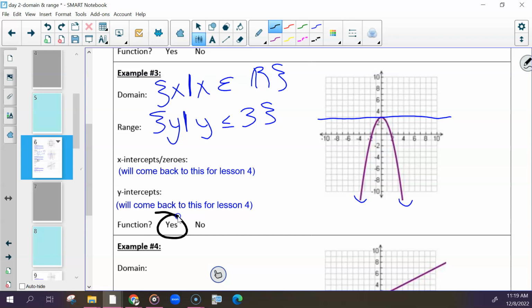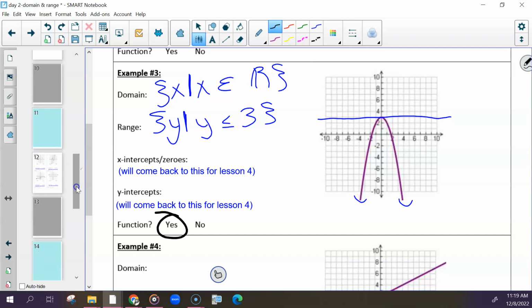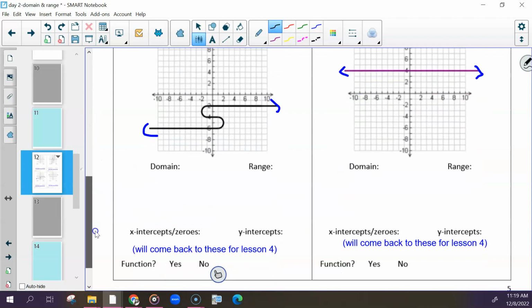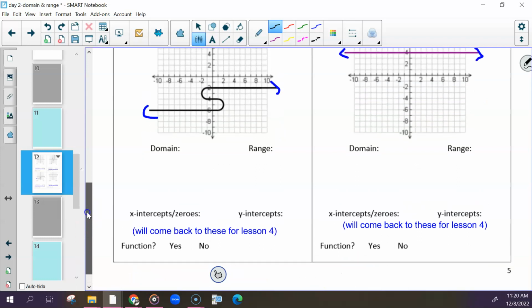Okay. The next one that looks like this. It might be in the packet. The pages are numbered at the bottom, so page 5, wherever that is.